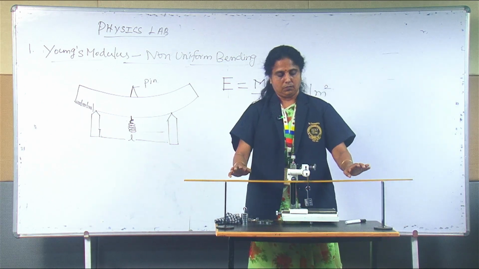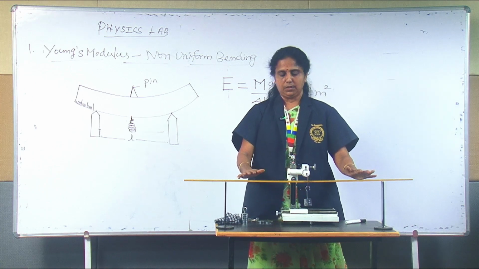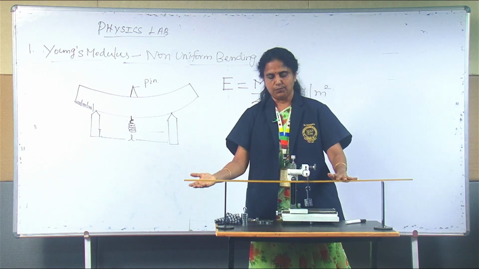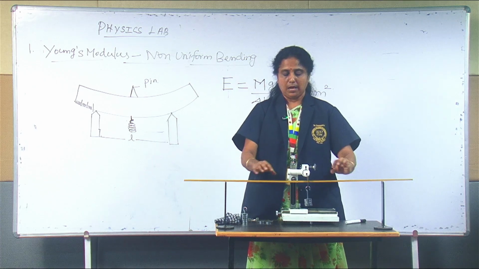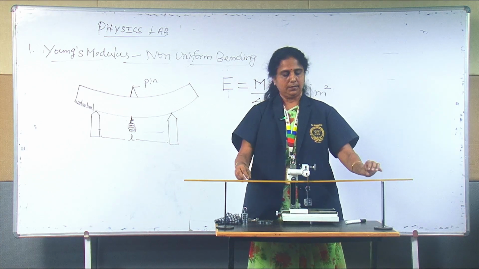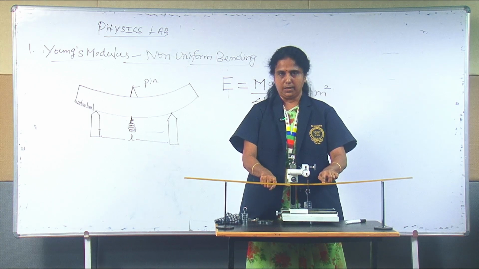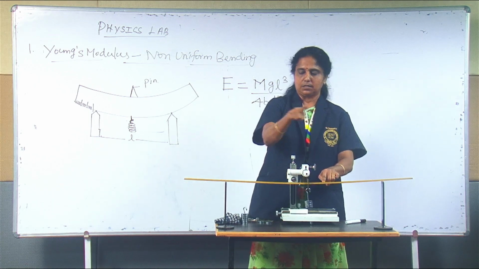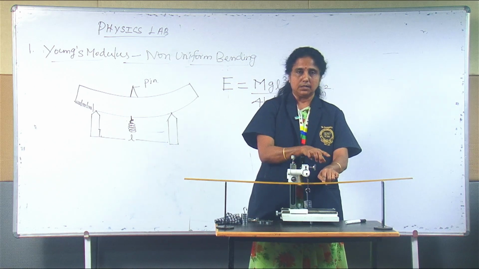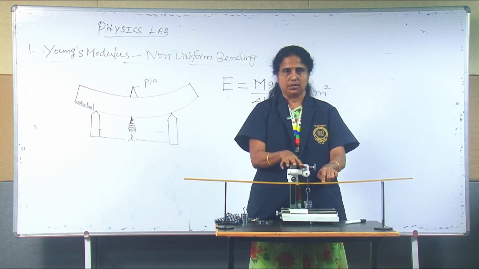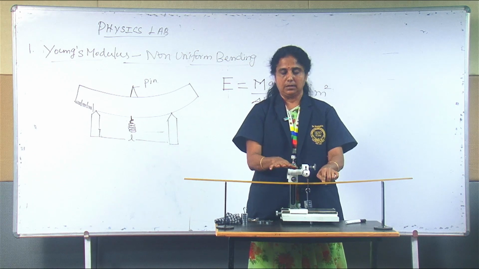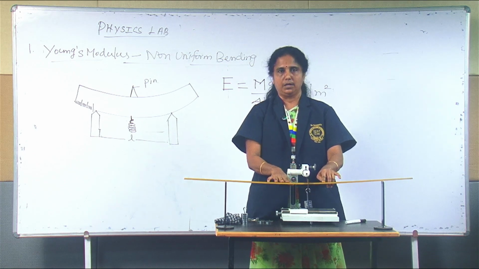What is the difference between the non-uniform bending method and the uniform bending method? By adding weight at its center, the scale undergoes some depression or bending. The displacement doesn't cover an arc of a circle or elliptical path, and that is non-uniform bending.